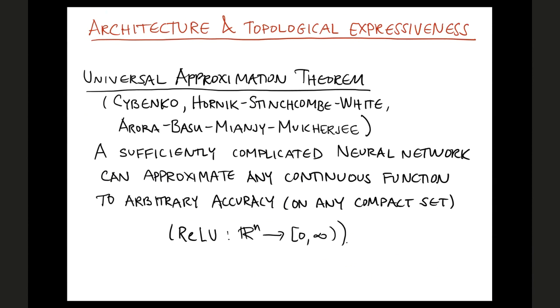The proof goes a lot like the classical Stone-Weierstrass theorem, showing that polynomials of arbitrary degree can approximate any function on a compact set.